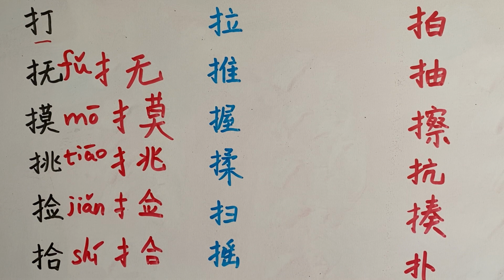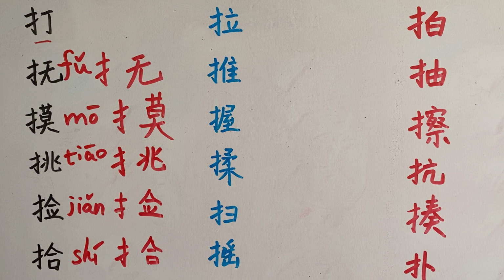Okay, these are the first 6 verbs, actions that have to do with your hand. If you think that we have many or countless verbs that have something to do with your hands, you are wrong, because Chinese characters don't have that many.